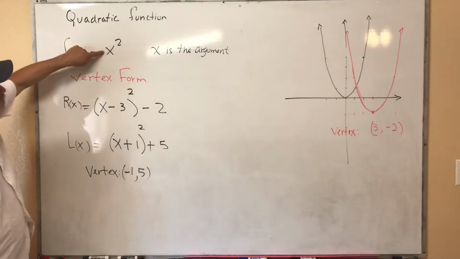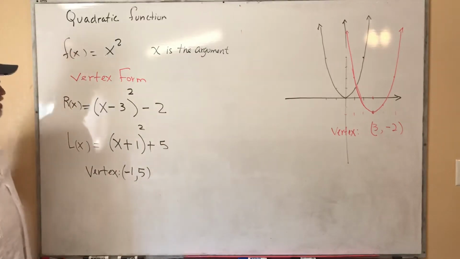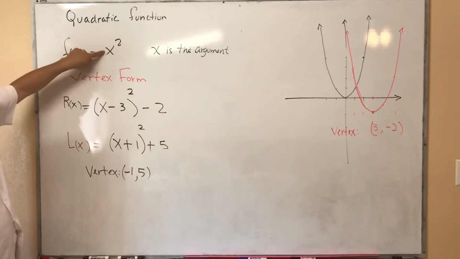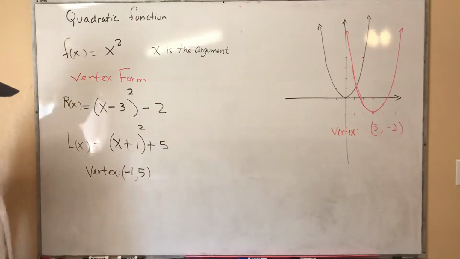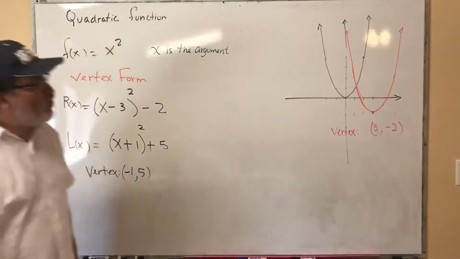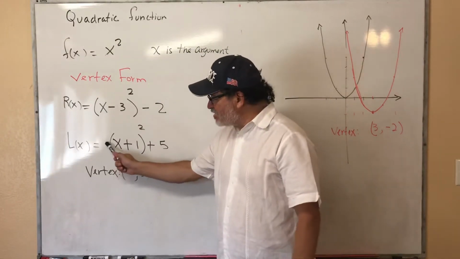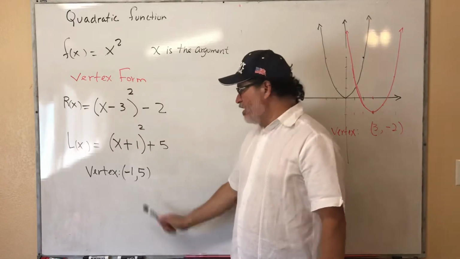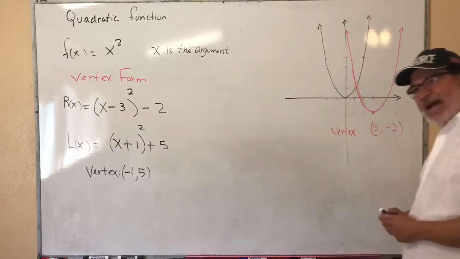When the leading coefficient is positive, it opens up. If the leading coefficient right here is ever negative, it's going to open down. So therefore, this one opens up because this is positive here. It opens up. So the vertex is a minimum.